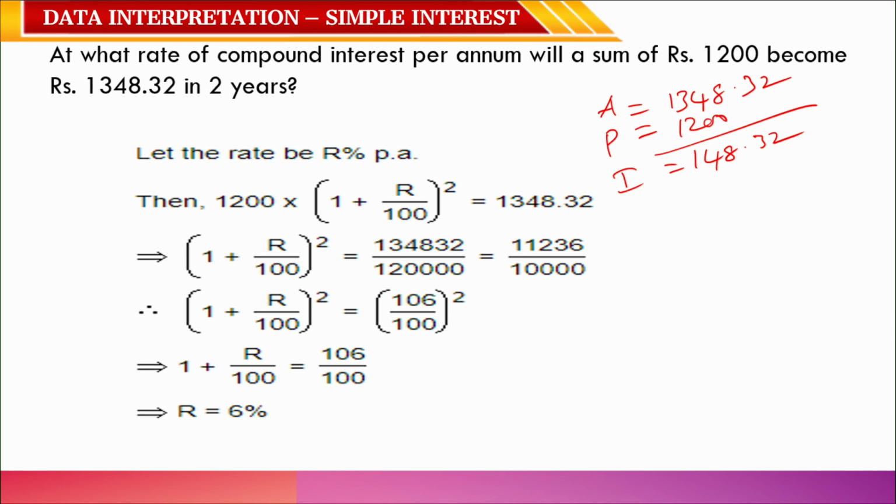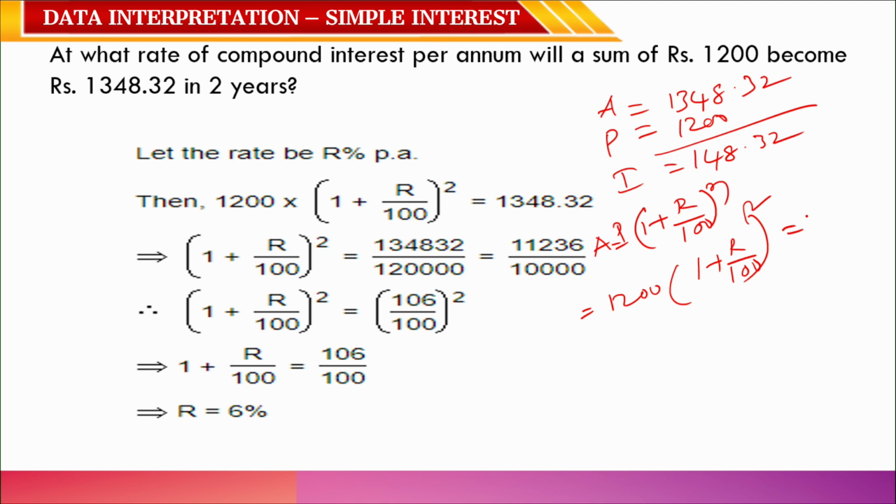Then what is the formula actually? A equal to P of 1 plus R by 100 whole power n, correct. P is 1200, and 1 plus R by 100 is what you have to find, n is 2 years.